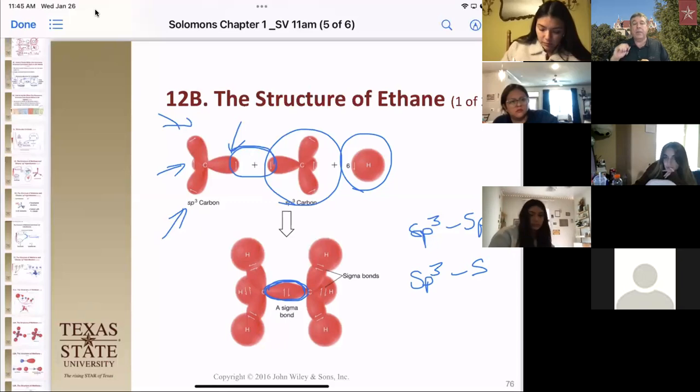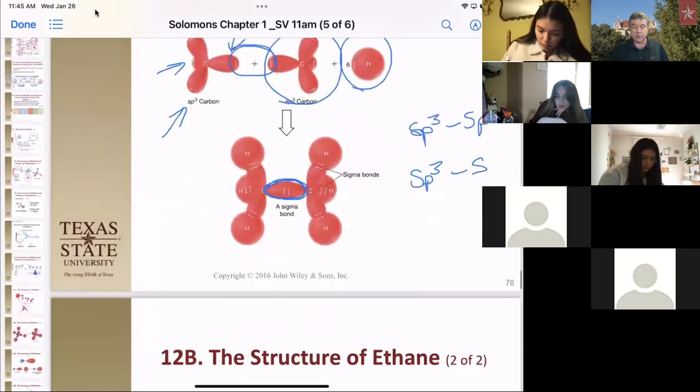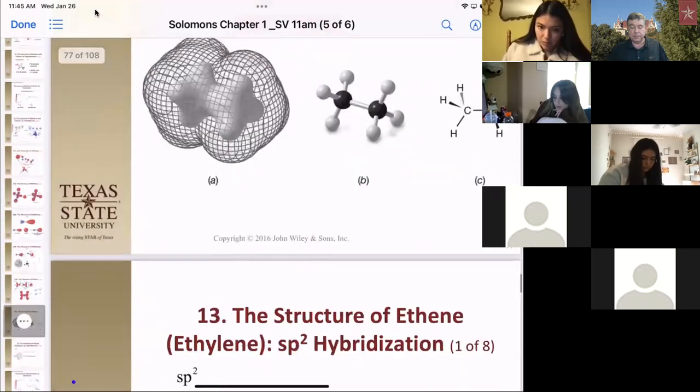Okay, so that's when we have 4 equal orbitals, when we take the s and all 3 p's and blend them together. Are there other ways of doing this so that we can get different structures? Yes, there are.